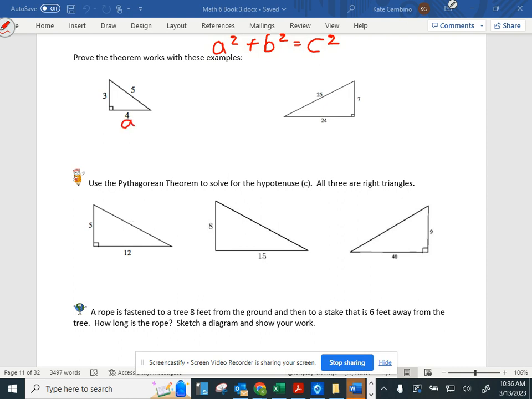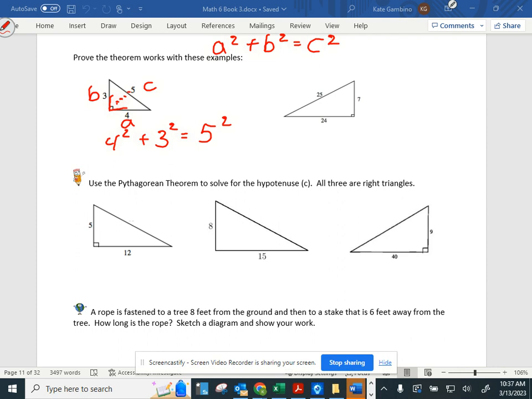So what is B, Riziki? Three. 3, because A and B have to make that right angle. How do I know what my C is, Amelia? It's 5 because it's across from that right angle. So if I say A squared plus B squared equals C squared, if A is 4, A squared plus B squared equals C squared.